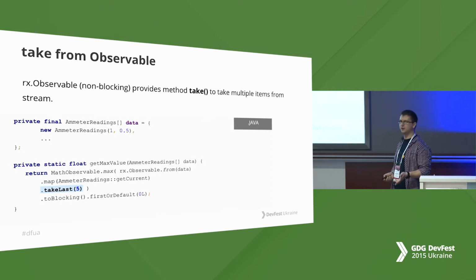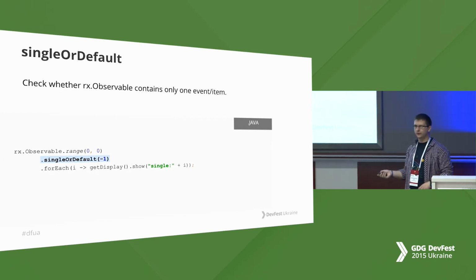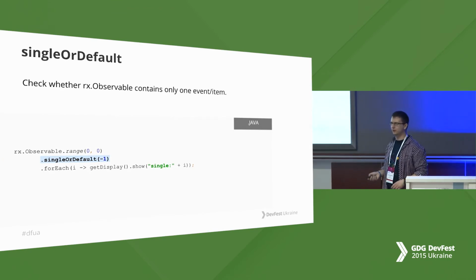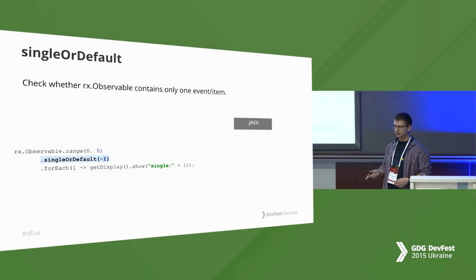And you probably know what it means. Take the last value. Take the last 5 values. So we just define what we really need and do. You already saw first or last or default. Also you can get from the stream singleOrDefault. Here you see not a blocking observable, but a usual observable that is generated by range.